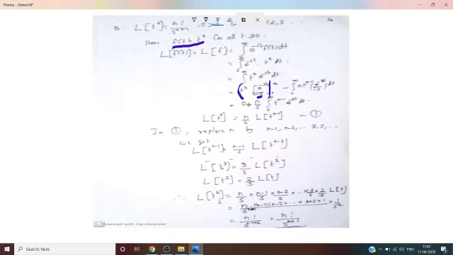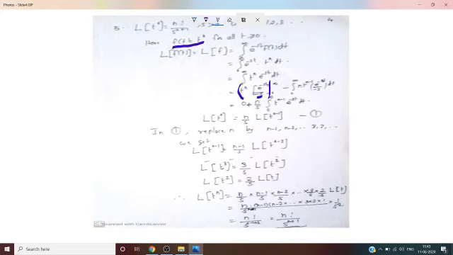Therefore, substitute these values in L of t raised to n, we get n by s into n minus 1 by s into n minus 2 by s into etc., into 3 by s into 2 by s into L of t. That is equal to, in the numerator, n into n minus 1 into etc., into 3 into 2 into 1.